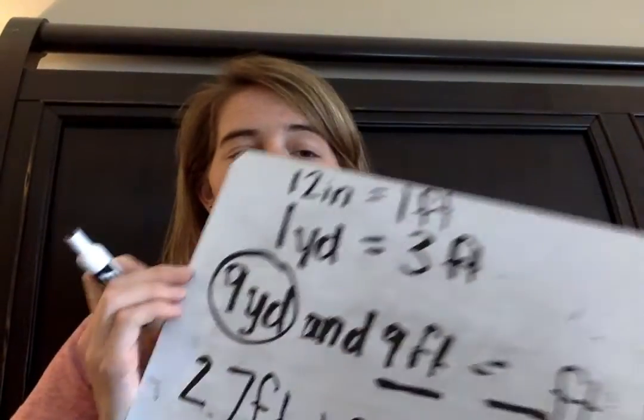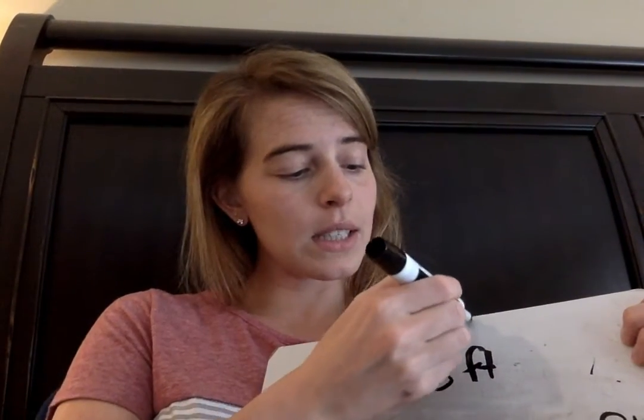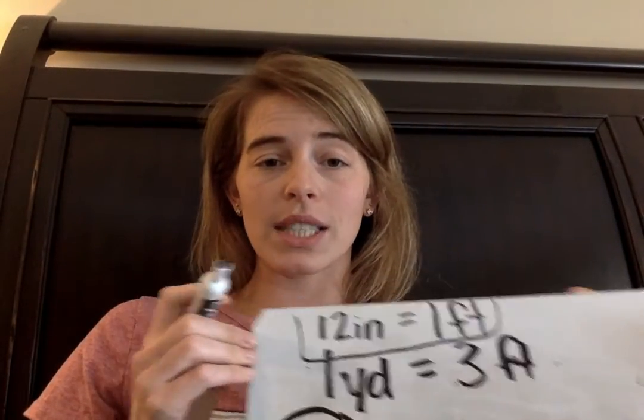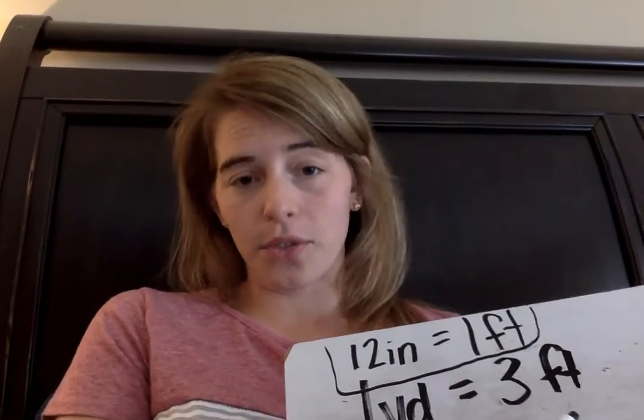If you get a problem like this, you always need to make sure that you remember 12 inches are in 1 foot. So you'll have to decide when you look at problems, okay, which fact do I need to know for this one? Inches and feet or yards and feet?